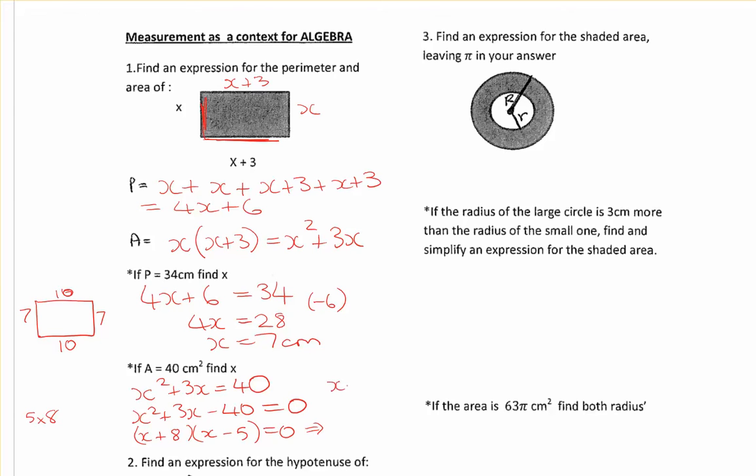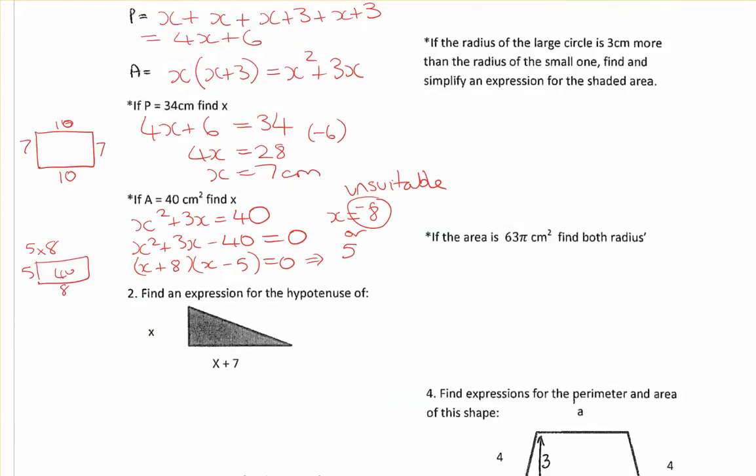Which means x equals negative 8 or 5. Now obviously x can't be negative 8, so we'll circle that and write unsuitable. Which means x is 5. We could check once again that in fact 5 by 8 of course gives me 40 square centimetres.